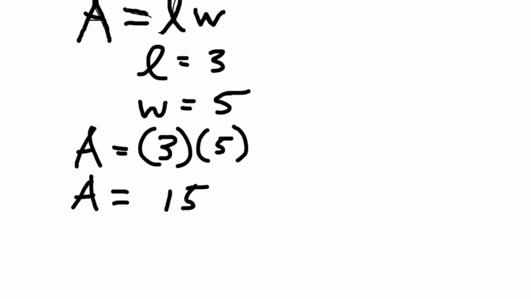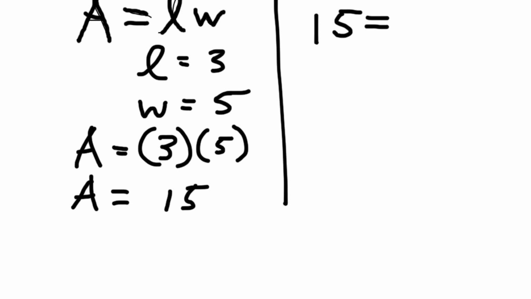And let's say that the area equaled 15, which we just figured out, but let's say we didn't know. So we were given A equals 15 and L equals 3. Then we could just plug this information in: 15 for A, 3 for L, and then we'll figure out what the width, the W, is.